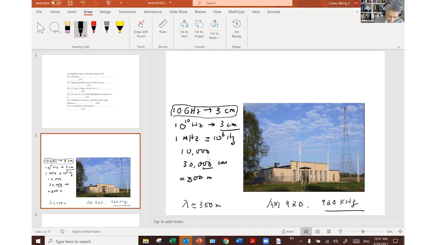Okay, so the Hertzian dipole is what we want to talk about, because when you have a wavelength that is so long, a dipole, even though it's an antenna tower, which is not small, can be thought of as a short dipole. So this is a short dipole, which is approximately what we call a Hertzian dipole.